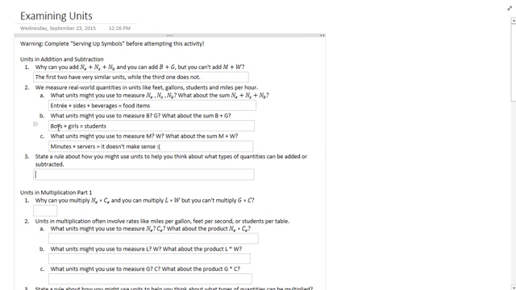In the second one, both things we're adding are people. So all the units that you're adding or subtracting together need to be in a similar category. And what I mean by a category is, they don't have to be exactly the same, but you have to be able to reason through and say, oh yeah, they're similar. Like people, food items. There are other things similar to that. But just so long as everything is in a similar category, you're going to end up all right.